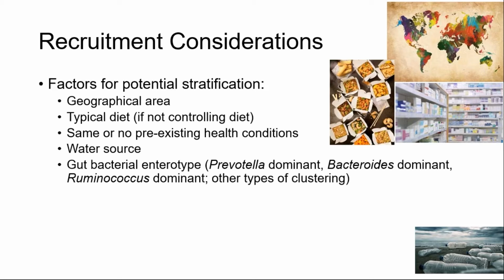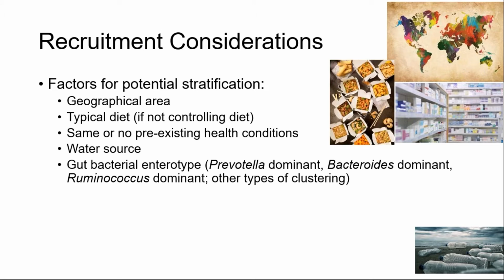And finally, some individuals have suggested that considering the gut bacterial enterotype as you are baseline randomizing participants into treatments might be useful. There are other types of clustering too. A lot of times you might hear about the Prevotella versus Bacteroides dominant microbiomes. Sometimes people suggest there are 3 enterotypes, Prevotella versus Bacteroides versus Ruminococcus.